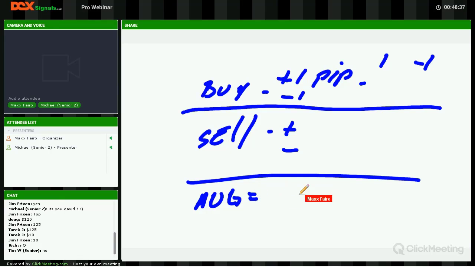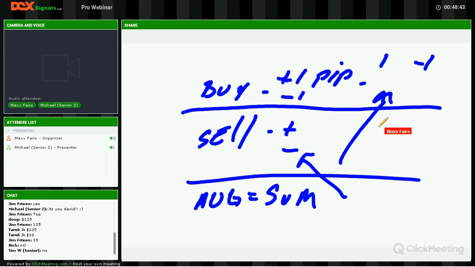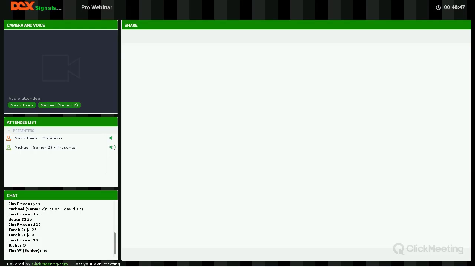And this creates our average, right? And our average is the sum of our wins and losses on either side, right?